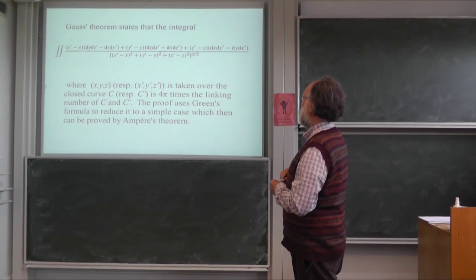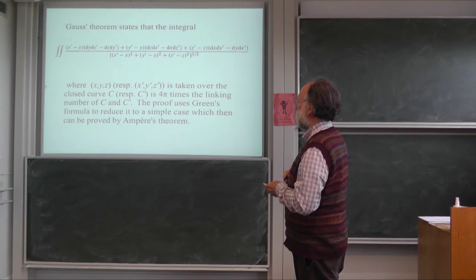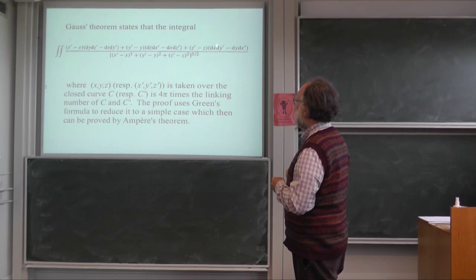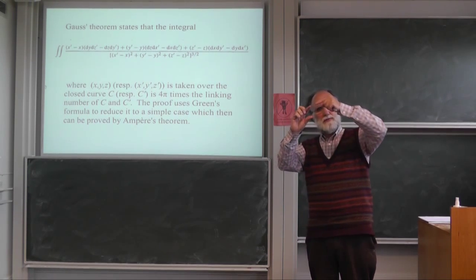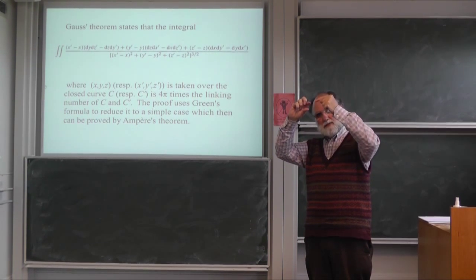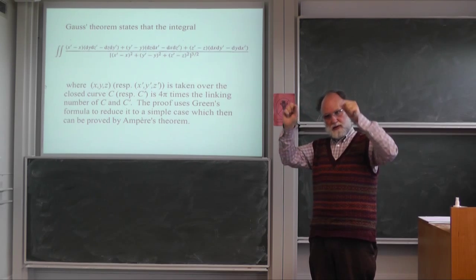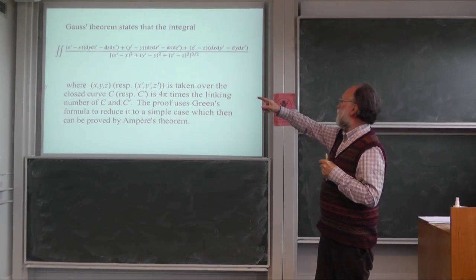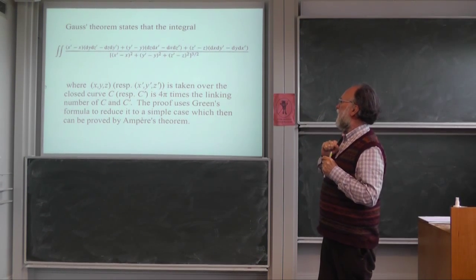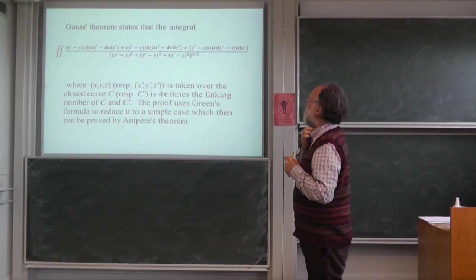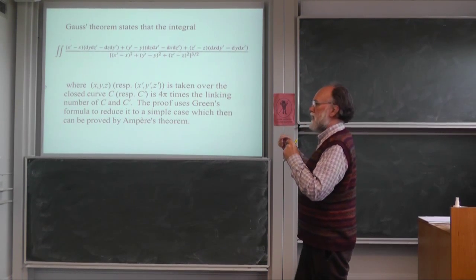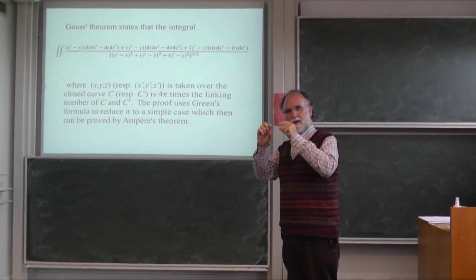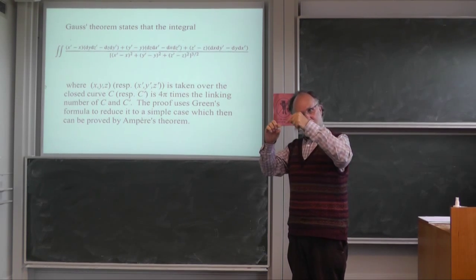So I've written it out in a fairly explicit version here. One has an integral. X, y, and z lie on one curve. X prime, y prime, and z prime lie on another curve in three-dimensional space. You form this integral, and the assertion is that this integral is 4 pi times the linking number of the two curves.